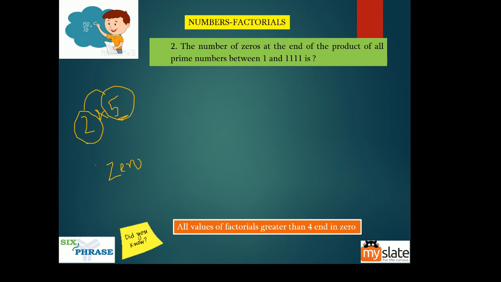But how many 2s will you have in prime numbers? Only 1 2, right? So the maximum number of zeros that you will get is 1 0. There will be only one combination of 2 and 5, because this is the only even prime number. So that is the reason why there will be only 1 0.